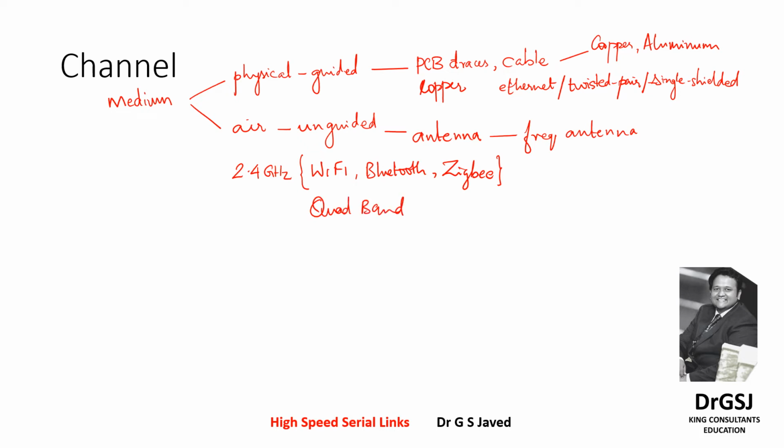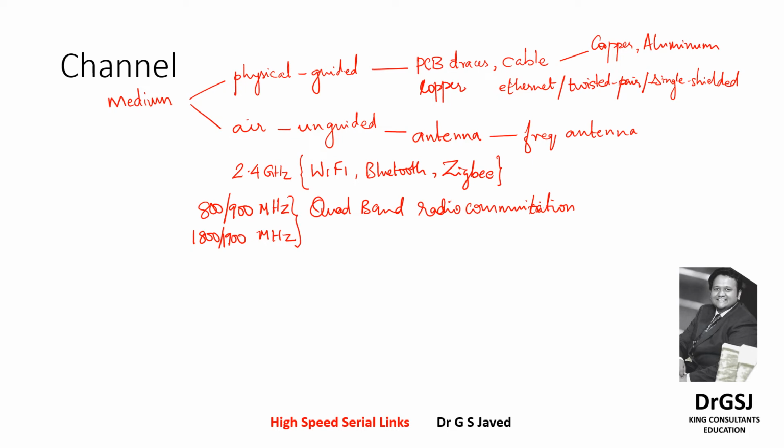Other commonly used ones are your quad band radio communication. That would be on the 800 and 900 megahertz for one side communication, and the 1800, 1900 megahertz for the receive and transmit. So that would be your quad band.